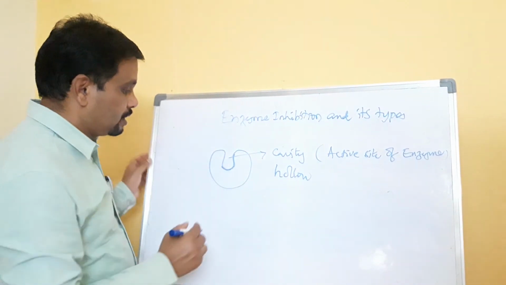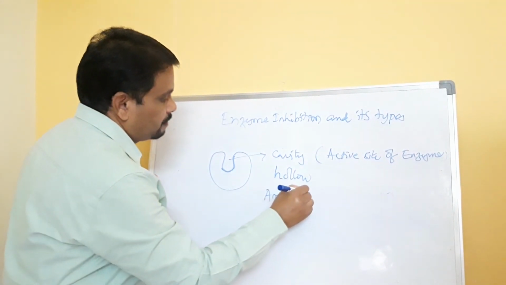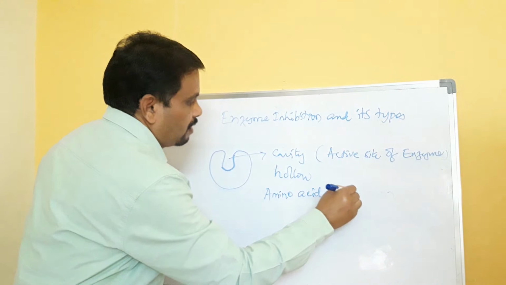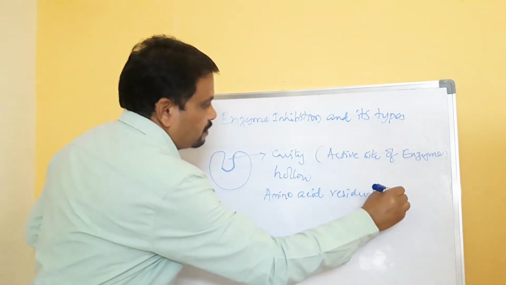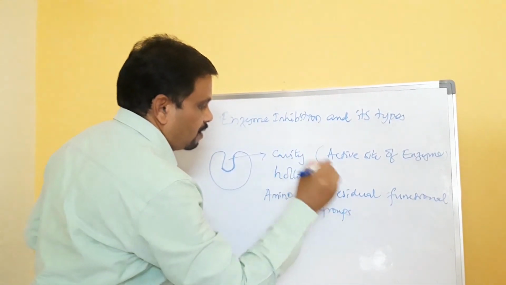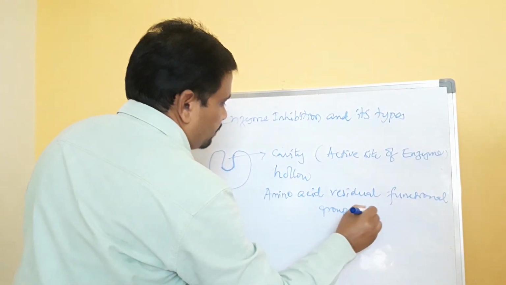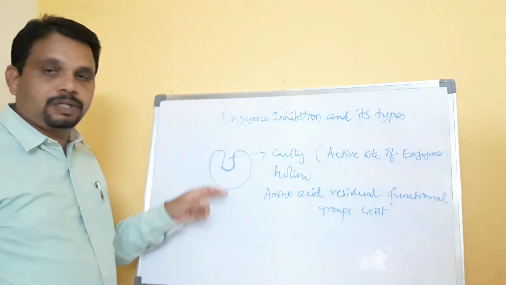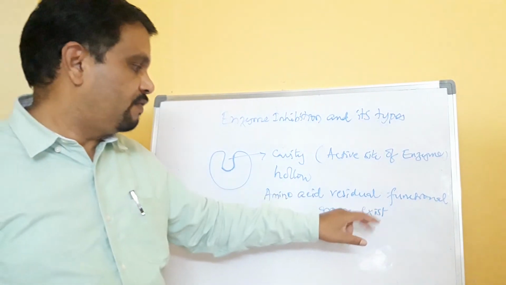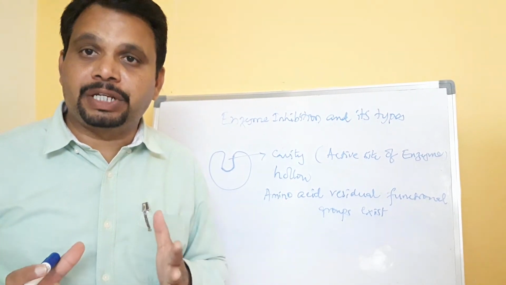In this active site, what happens? Amino acid residual functional groups exist in the active site. In the active site surface, amino acid residual functional groups exist. Those functional groups interact with the substrates.